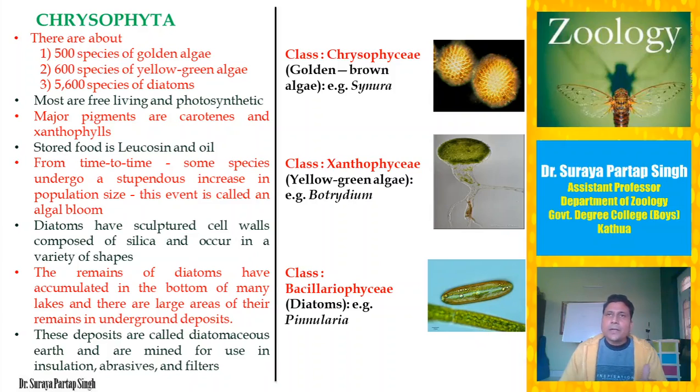Silica is an inorganic material. It is not decomposed. The rest of the body of these diatoms will be decomposed, but silica will remain there, and it will form a special type of soil. We can say earth under the water, which is known as diatomaceous earth.